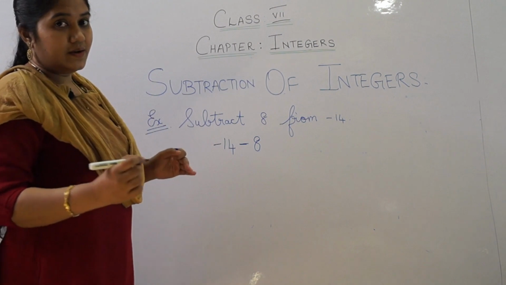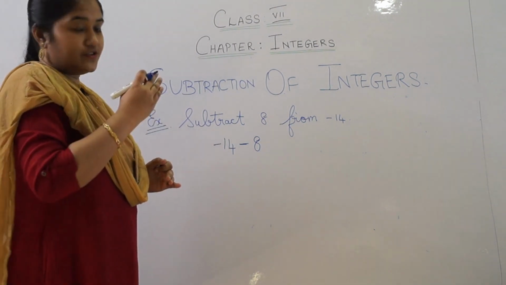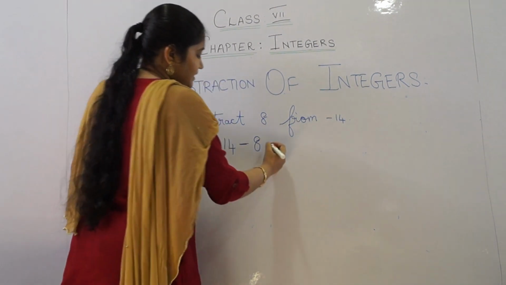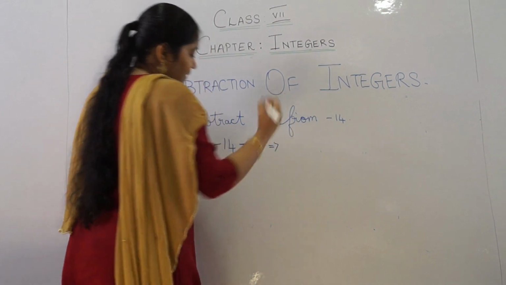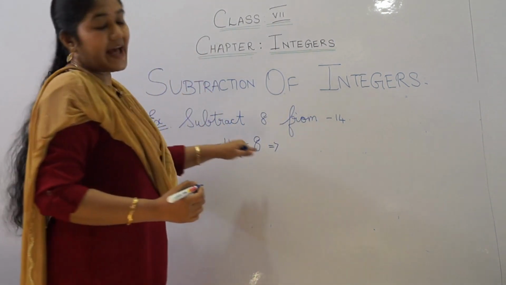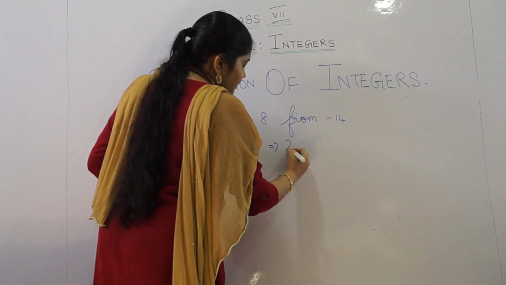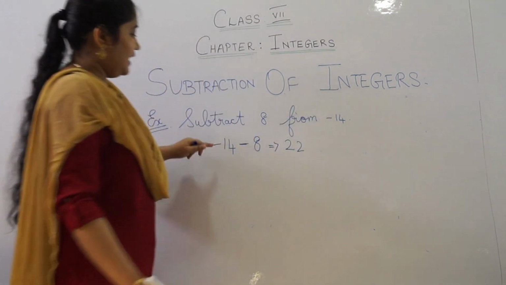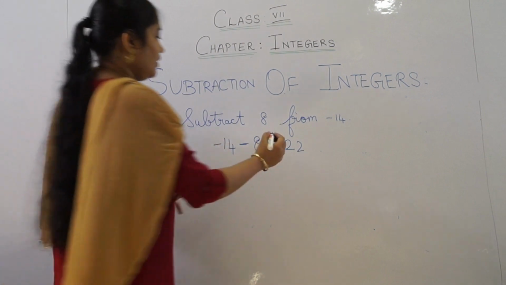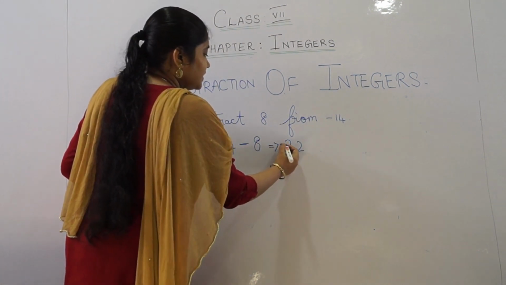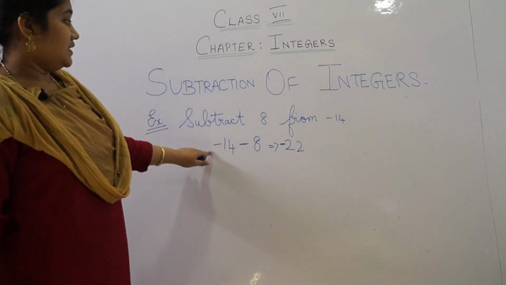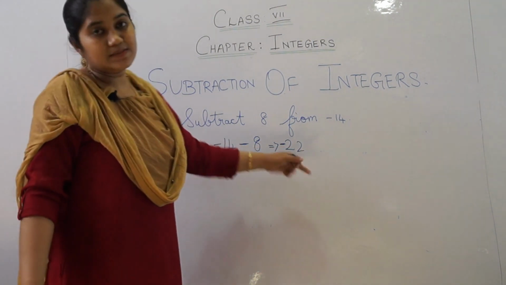Now again, just move on to addition of integers. Now my sign is the same, right? Since my sign is the same, I just add the numbers. Add the numbers, 14 and 8, 22, and then I assign the sign which is common, that is minus. So minus 14 minus 8 is minus 22.